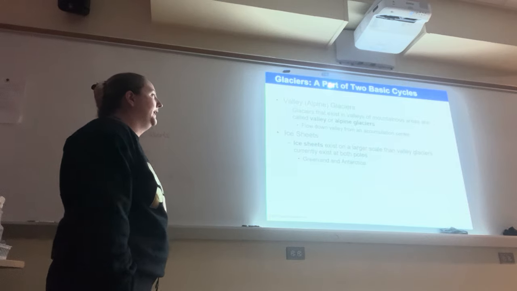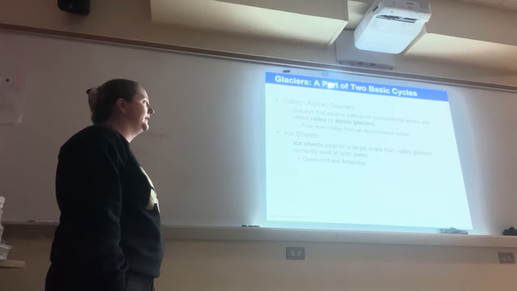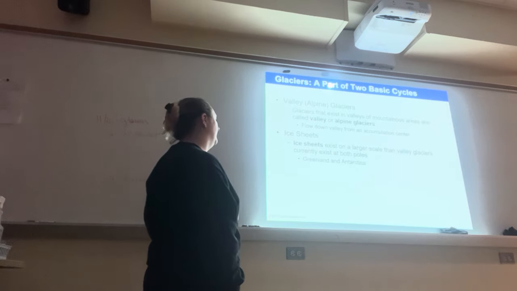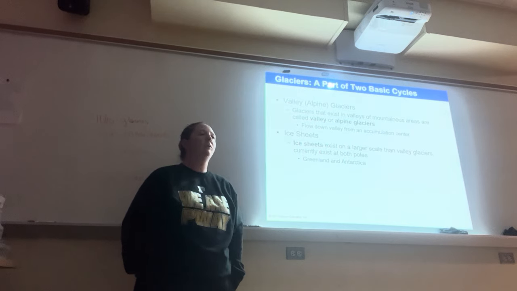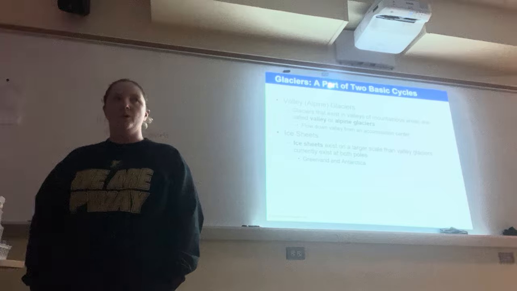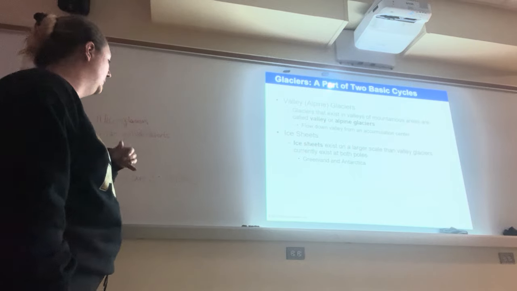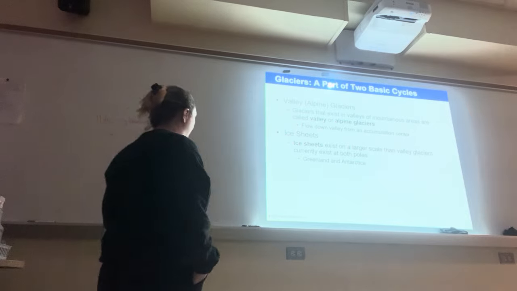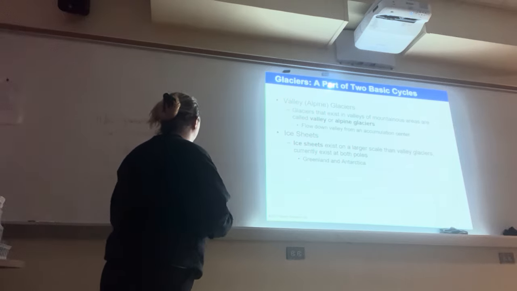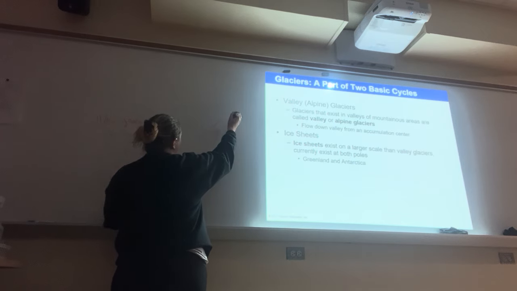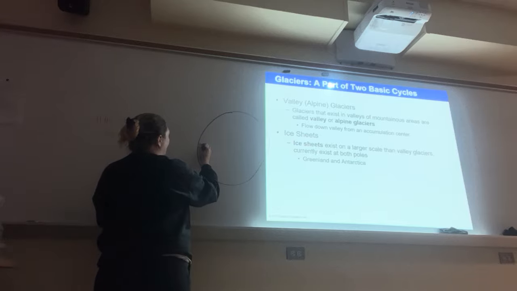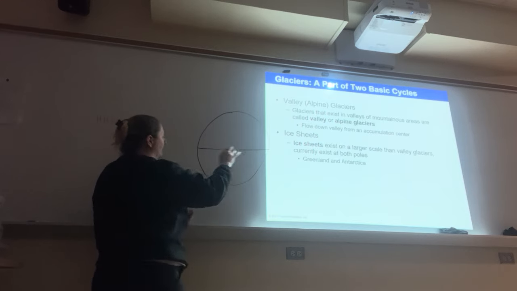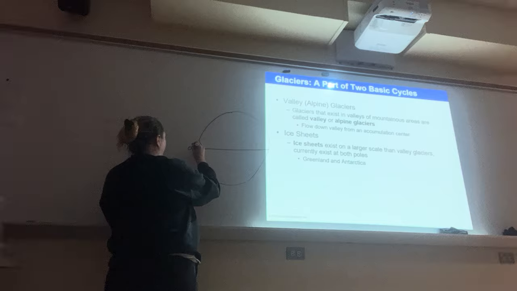Ice sheets, on the other hand, are larger scale. They exist in the polar regions of the world. So currently we have two major ice sheets. We have one in Greenland, which is in the northern hemisphere, and we have one in Antarctica, which is over the South Pole. So the world itself looks kind of like this. And these lines of latitude go all the way across the Earth, with 0 degrees being at the equator.